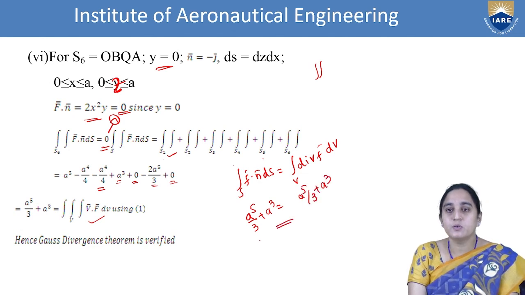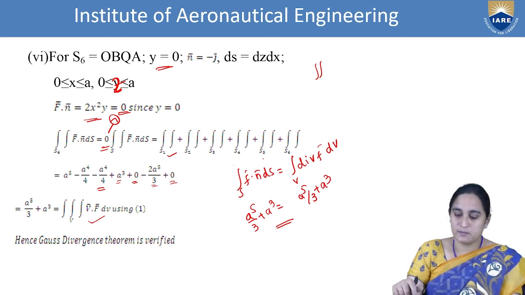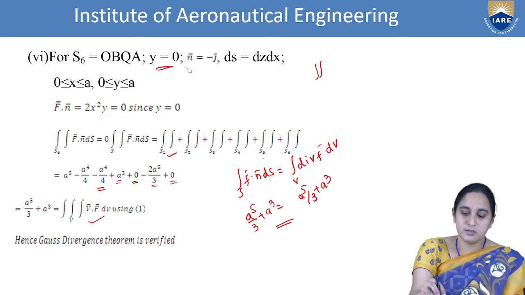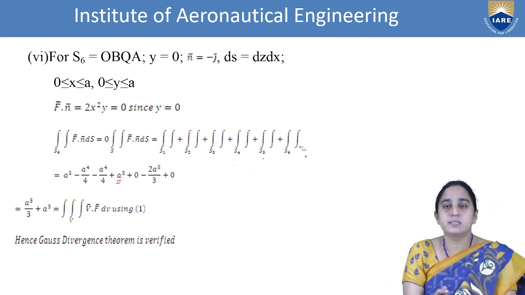Therefore, for the given vector point function over the surface of the cube, the Gauss divergence theorem is verified. This is the procedure for the verification of the Gauss divergence theorem. Next class we will discuss some other related questions on this topic.